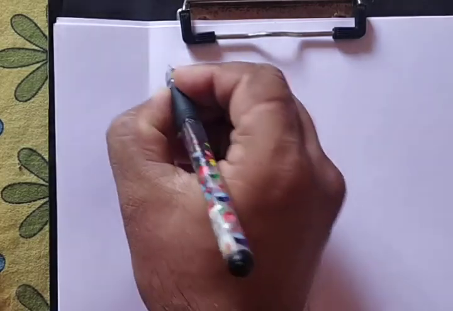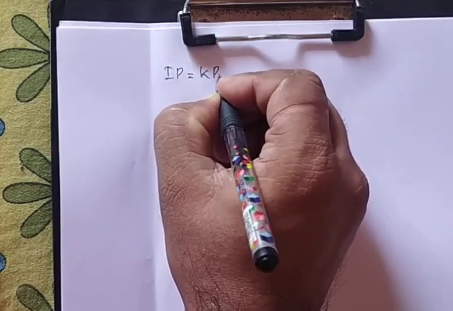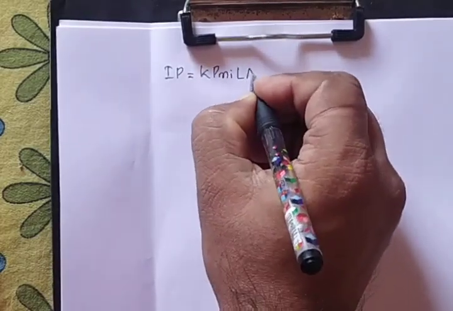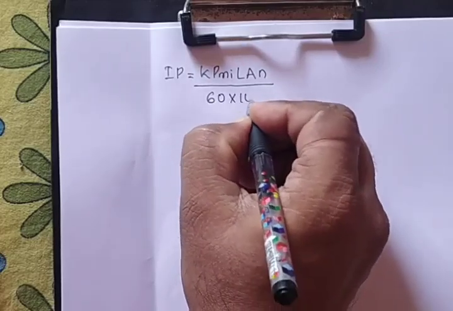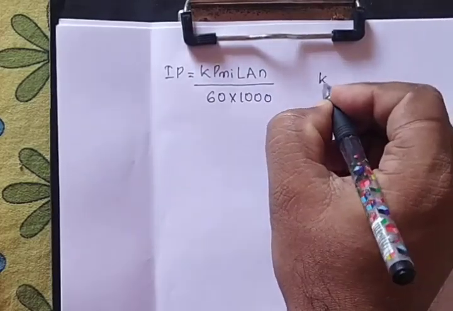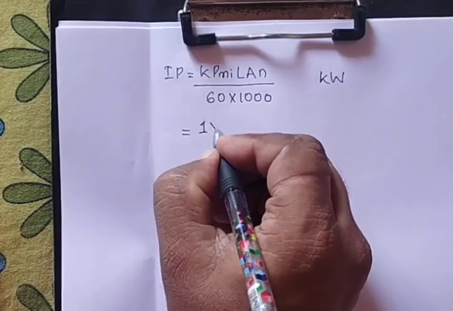That is, we will find out first the value of IP. We know the equation for IP. IP is equal to K PMI LAN divided by 60 into 1000. And we know the unit, it is kilowatt. So, number of cylinders given is 1. PMI.